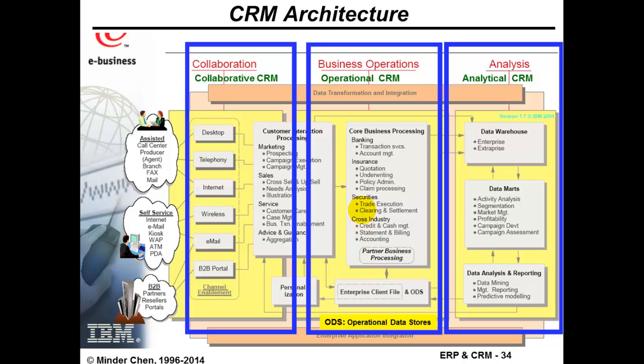Another view of CRM is IBM's approach, similar to the previous diagram, but we break CRM into three categories: collaborative CRM, operational CRM, and analytical CRM. Collaborative CRM supports the collaborative interaction with the customer. Customers may use assisted contact. They may call our call center, visit our branch office, or send email to us.